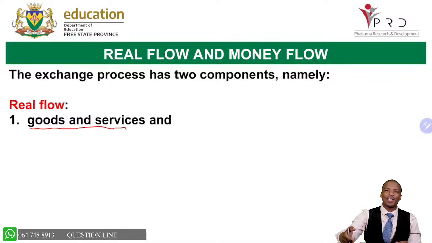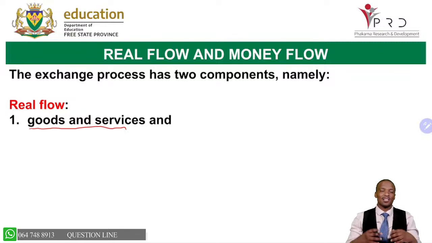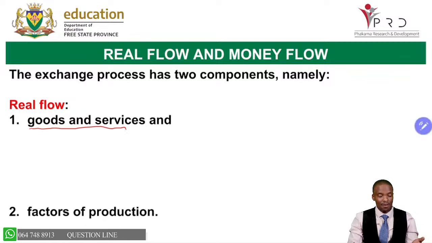They go to the product market and purchase what? Goods and services. So those goods and services that we see, such as the TV, such as the cars and everything that we see, those are what we call real flow because we can physically see them. Okay? It means these are the assets that are there. These are the assets that we can see. It's the real flow there.